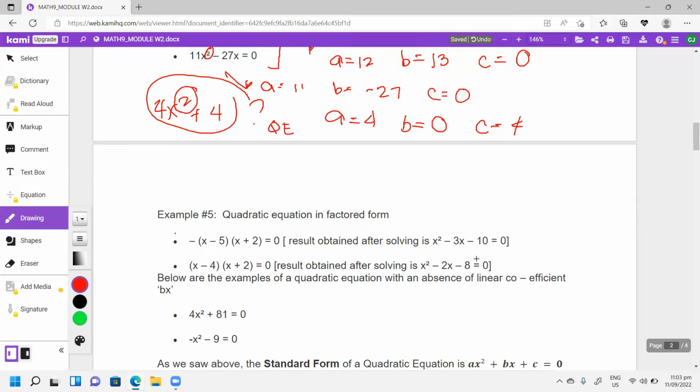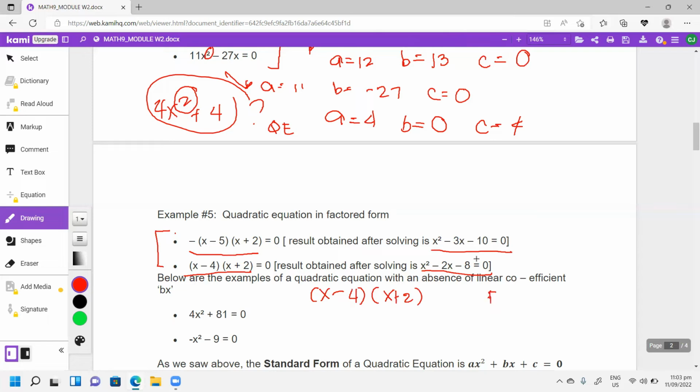Now let us go with example number 5. This is also an example of a quadratic equation, in factored form. Because if you multiply this one, the result is this. I will show you. Let us multiply x minus 4 times x plus 2.